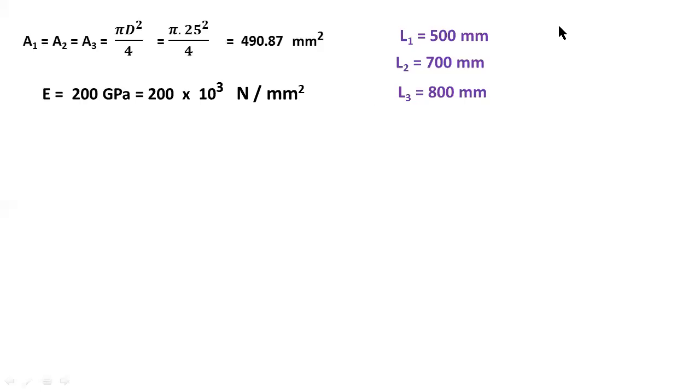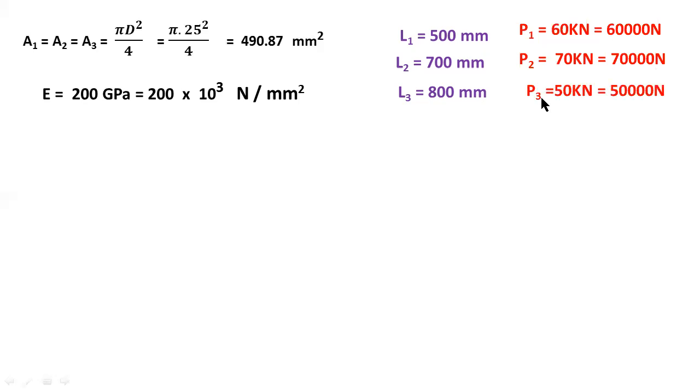And we already found the individual loads acting on the bars. The load acting on bar AB equals 60 kilonewtons. It is a tensile load, so positive. And 1 kilonewton equals 1000 newtons, so 60,000 newtons. P2 is the load acting on bar BC, which is also a tensile load, so plus 70 kilonewtons, 70,000.